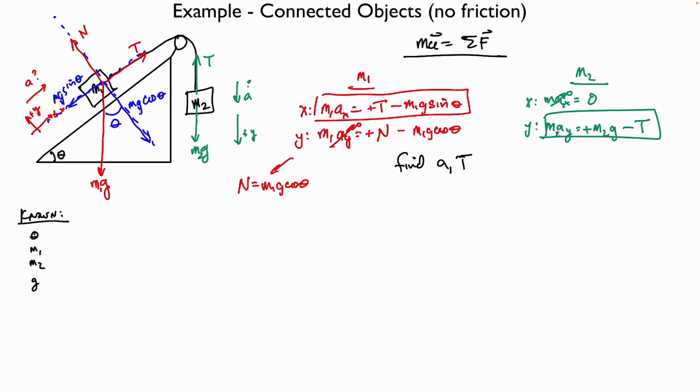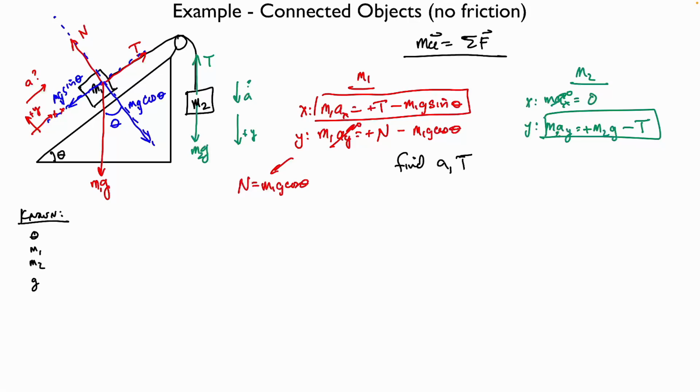I mean, I know one of them says ax and the other one says ay. But what can you tell me about the acceleration up the slope and the acceleration down on the hanging mass? It's the same. If the string isn't breaking or stretching, right, then ax is equal to ay. And away we go.